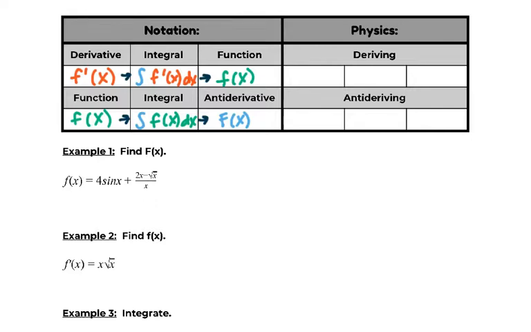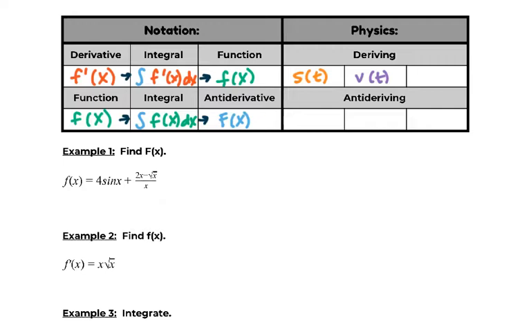The other thing I want to talk about is how it pertains to our physics. Back when we first started doing this, we talked about how when we take derivatives, we start with the position function, which a lot of times we'll use s of t, or maybe even x of t is a common way we've written it. And when we derive the position, we get the velocity.